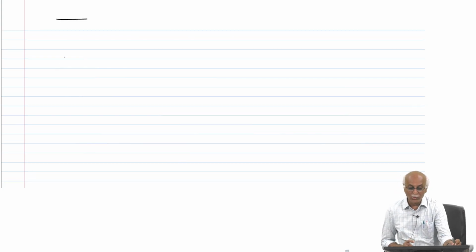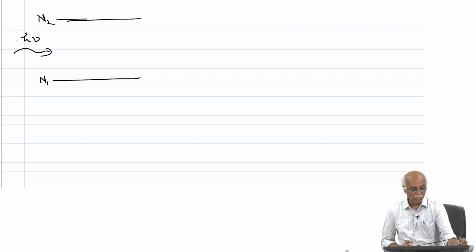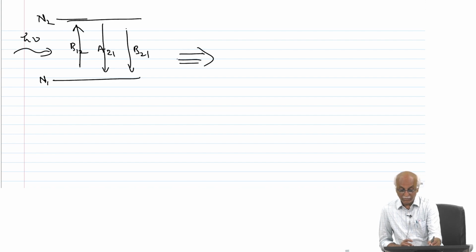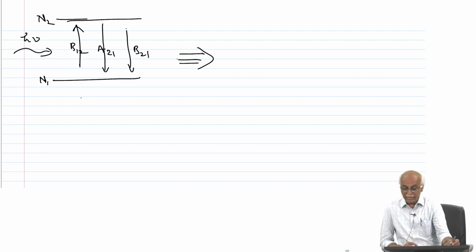And if I use a 2-level energy system, N1 and N2, with h nu, and let us say the number of photons is n, whatever number of photons come, I consider absorption, spontaneous emission, stimulated emission, all these parameters, and derive the relationship between the incoming photons, the transitions and the outgoing photons.